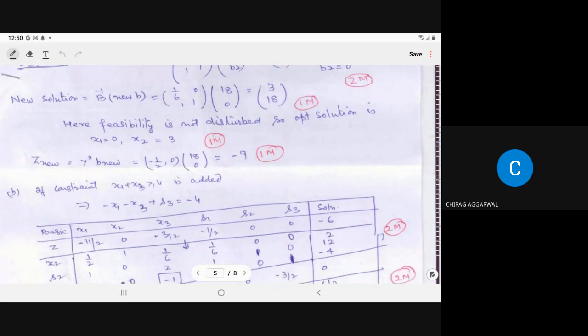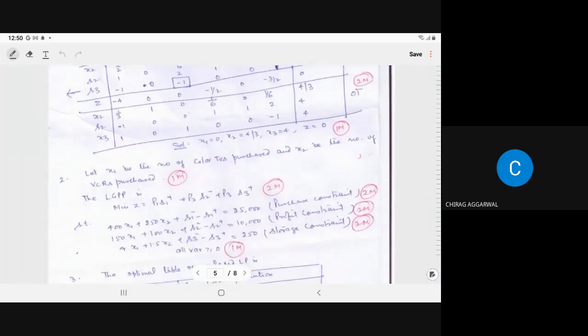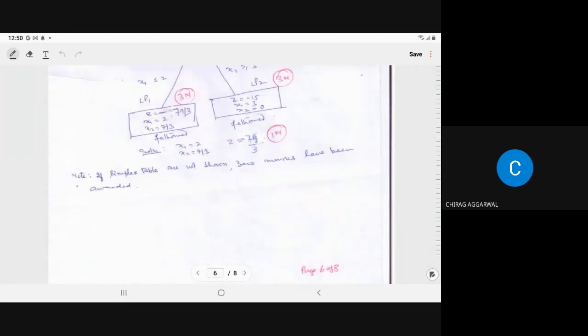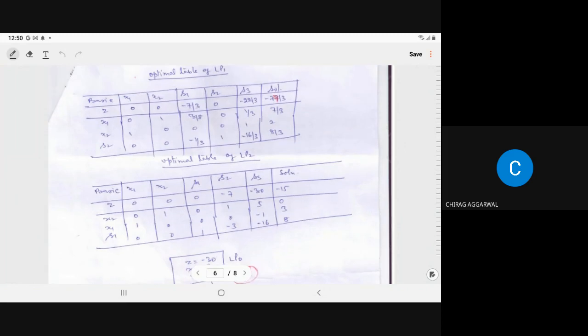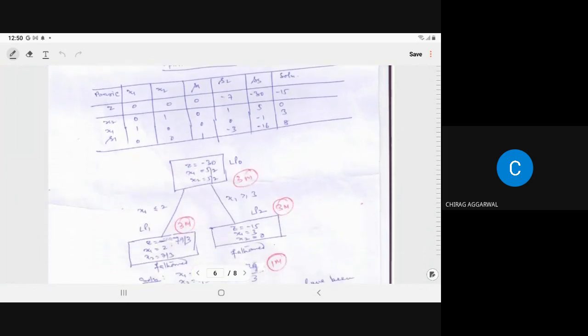This is the solution of the first question. This is the continuation of the first or second.